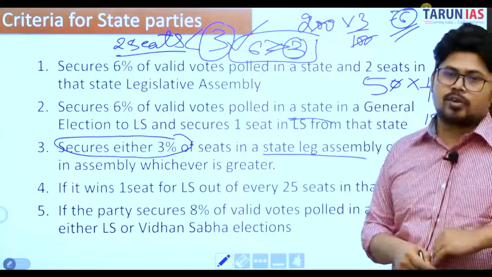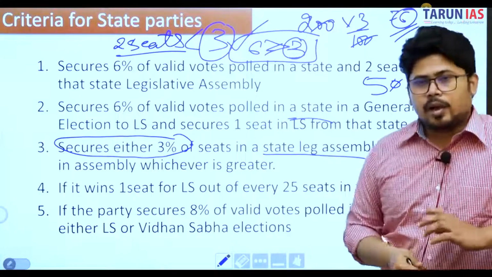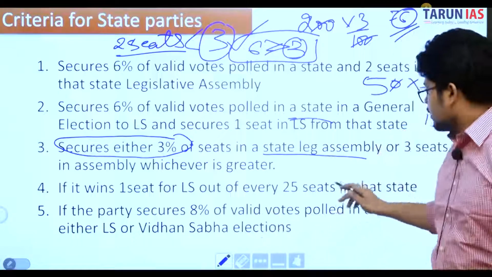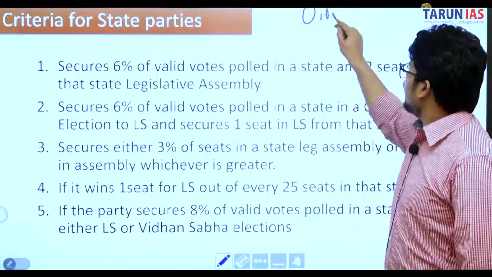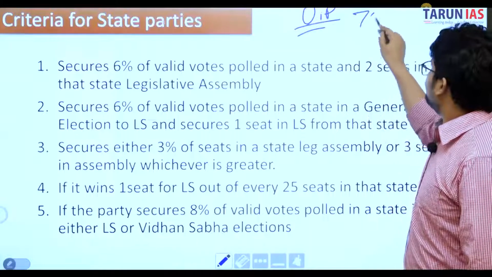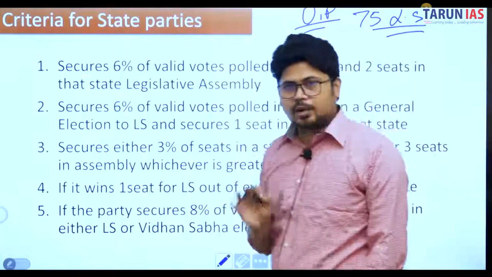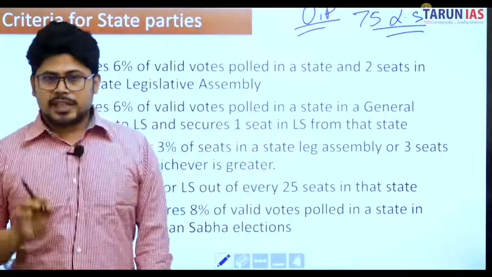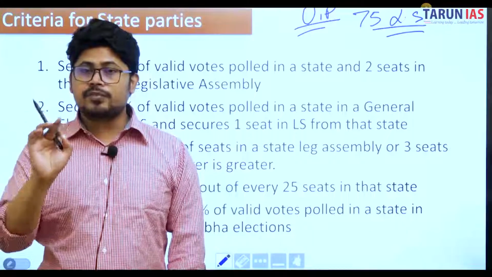seat for Lok Sabha for every 25 seats in that state, okay, now what does this mean? For example, Uttar Pradesh has been allotted 75 Lok Sabha seats. That means in the state of Uttar Pradesh, the election to Lok Sabha will be conducted on 75 seats.